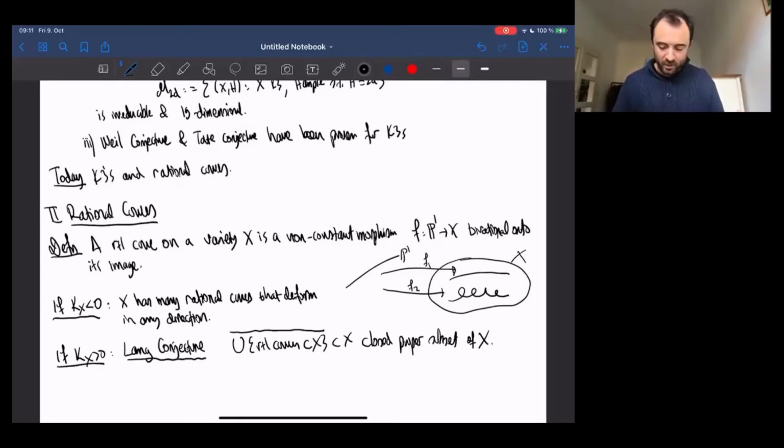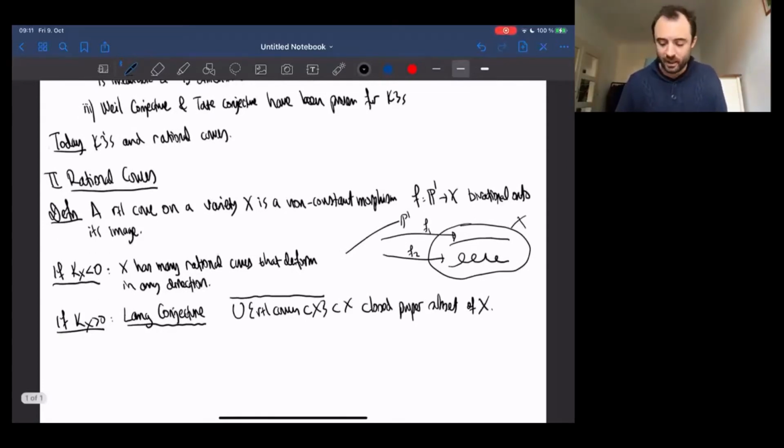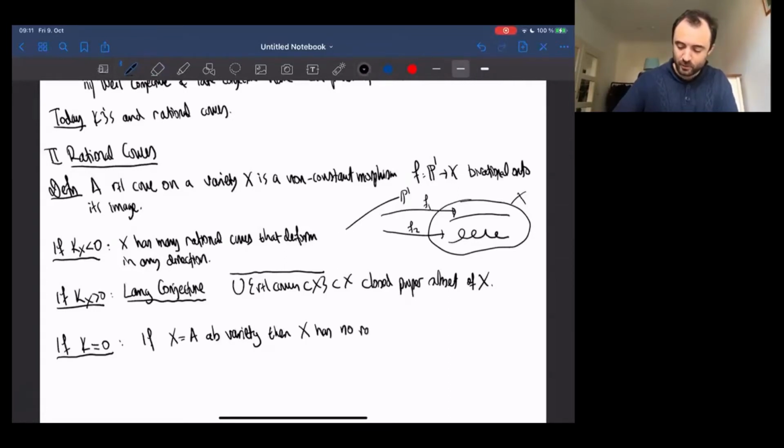So these are the two extreme cases, and so the question becomes what happens in the middle, in particular in the case of K3 surfaces. So let me just give you one example of a class of varieties in the middle. If K_X is 0, for example, if X is an abelian variety, then X has no rational curves.